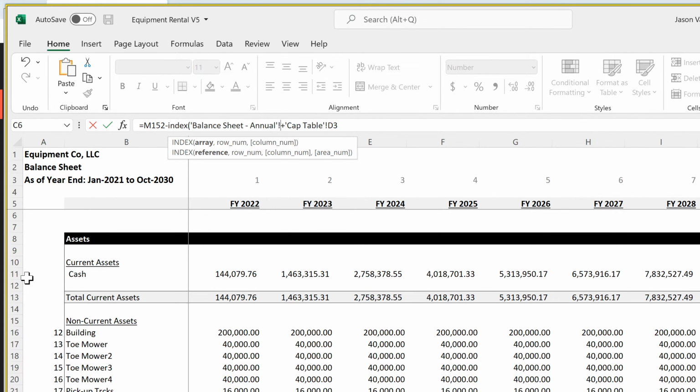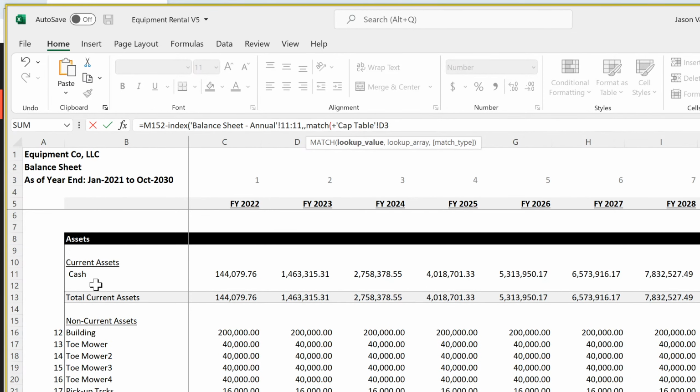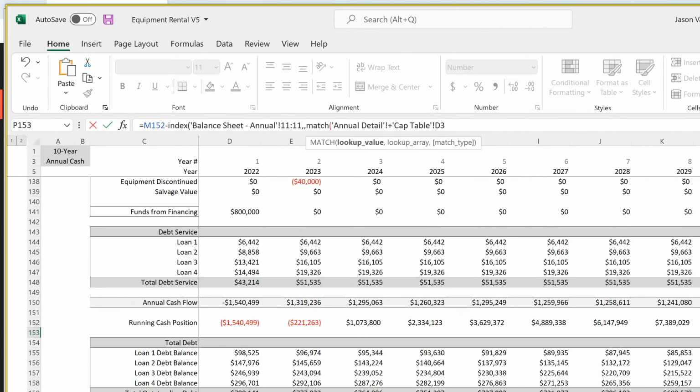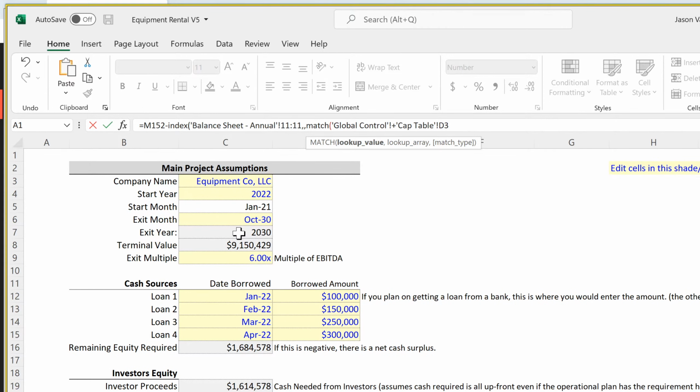We want the balance sheet to match the year we're in, or the year of the exit. And we always want to try to go back to the base input if we can. So the year would be this.